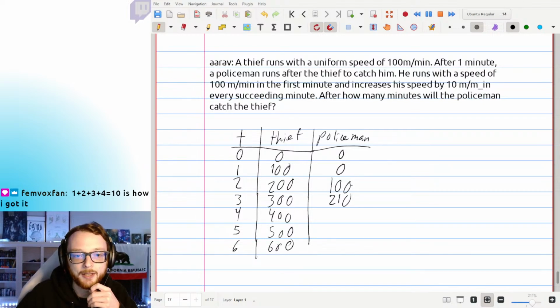And now we're adding 120. So that's 330. And then now we're adding 130. So we get 460.